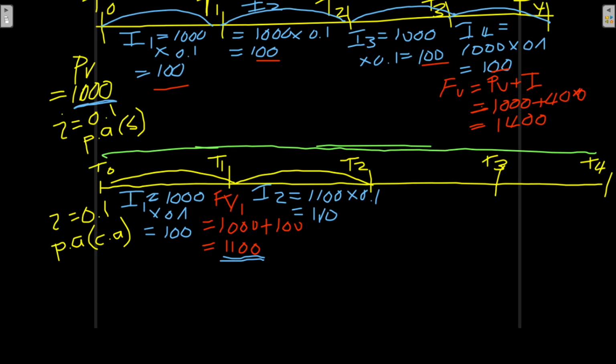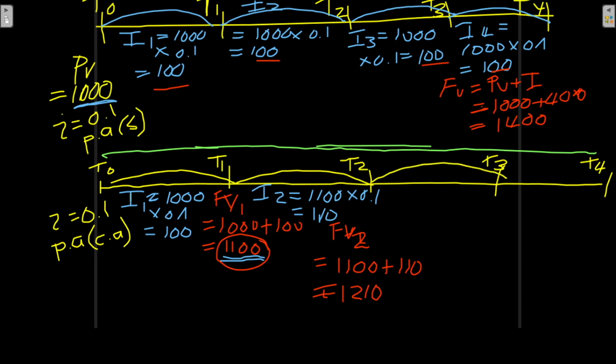So now the future value at time point 2 is the previous future value, 1,100 rands, plus the interest that I've earned during time period 2, and that was 110 rands. So that will give me 1,210 rands.